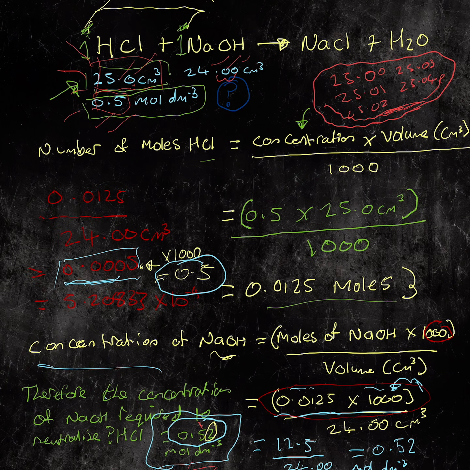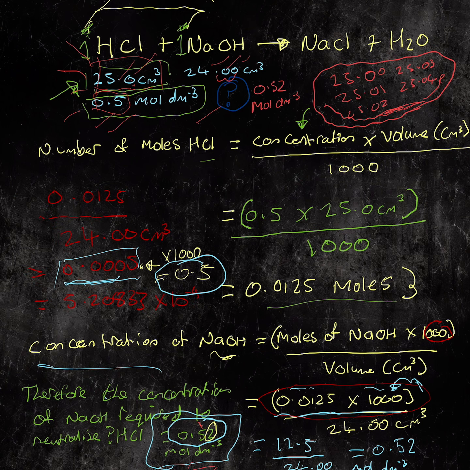So just go for what it asks for. Okay, and that is how you calculate, and our question mark there, we can just write in our answer, which is 0.52 for this purpose, 0.52, and always moles per dm cubed.